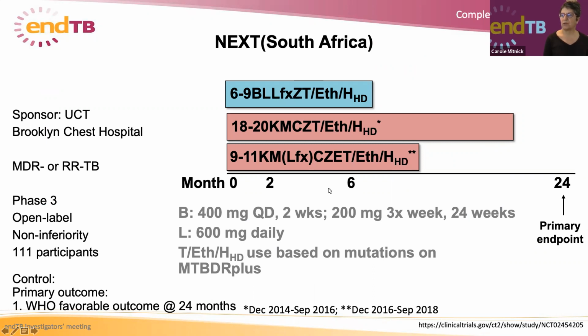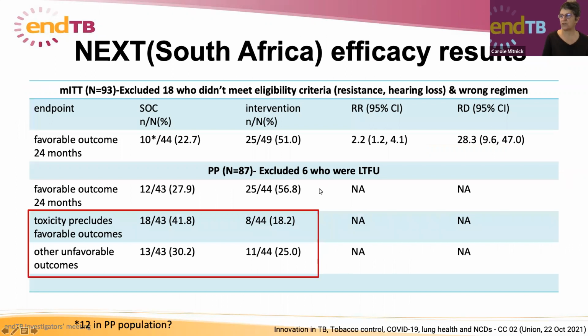So from the results of this trial, it's really hard to infer anything about how a 6-month version of this regimen will compare to a 9-month version of the regimen. And we know that even the 6-month version of this regimen had important toxicity consequences and also had fairly modest favorable outcomes.